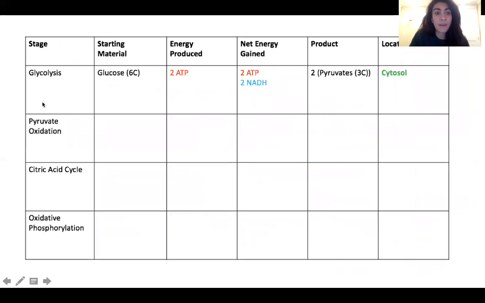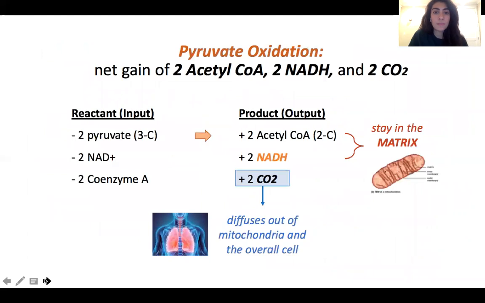So now we have pyruvate oxidation. So now we're going to take our pyruvate, which is in our cytosol, and do something to it. So we take the pyruvate and we make acetyl-CoA, NADH, and CO2. So as you guys can see in the reactant side, we took the pyruvate, which is a 3-carbon molecule, and with the help of an enzyme called coenzyme A, we're going to take this 3-carbon molecule and make it acetyl-CoA, which is 2 carbons.